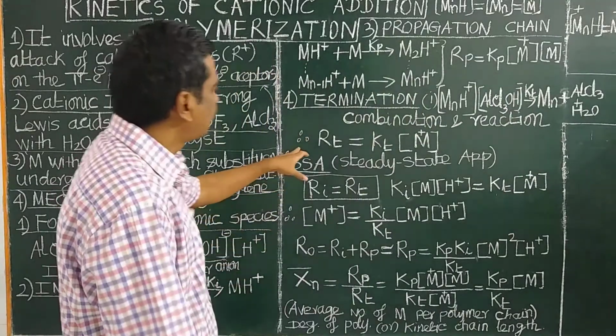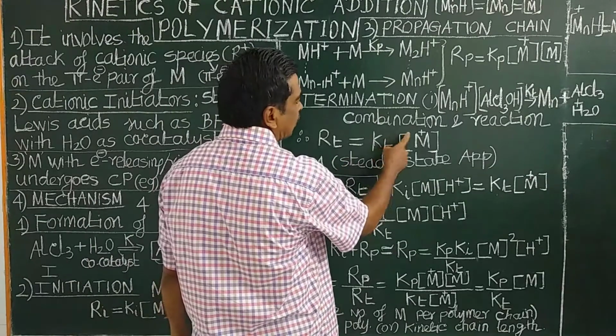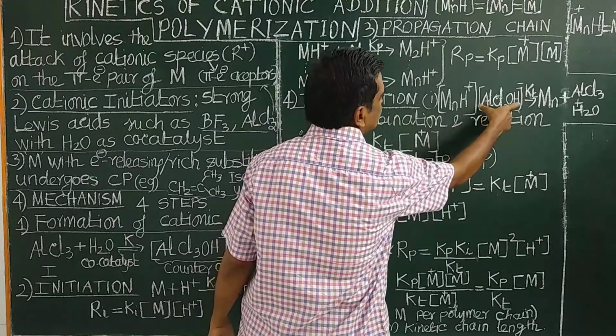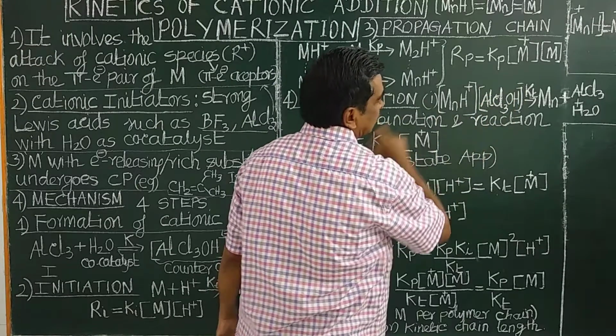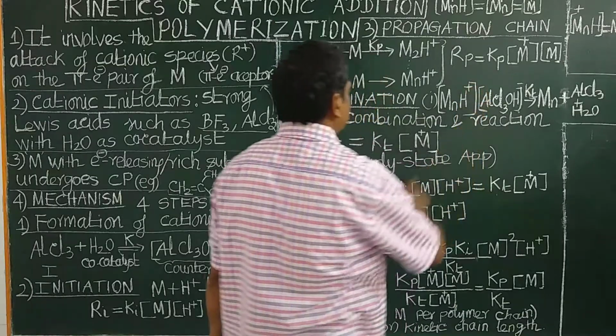Therefore, the rate of termination is equal to the termination rate constant times the concentration of M plus. The counterion is not considered because it is always in the proximity of MnH plus.